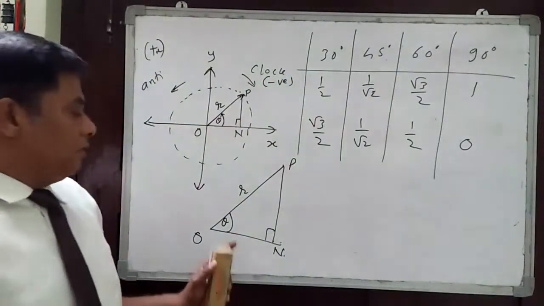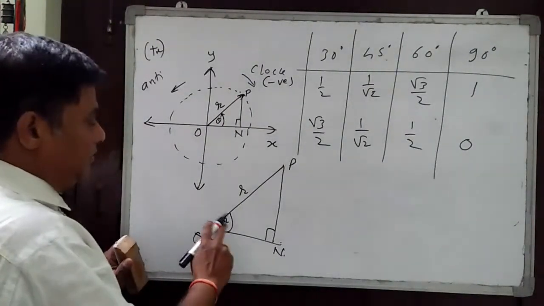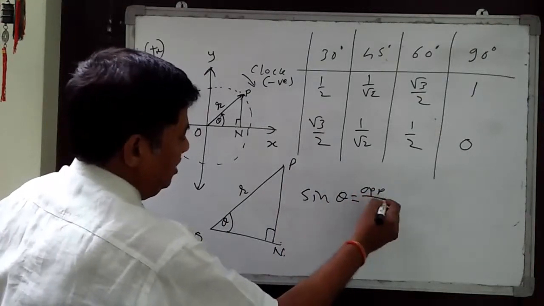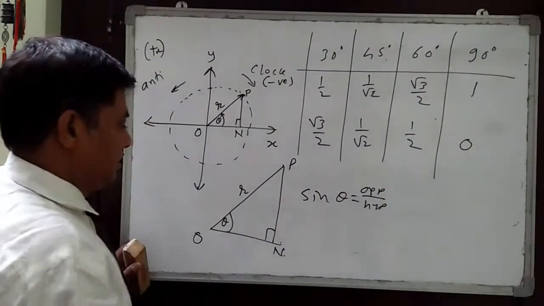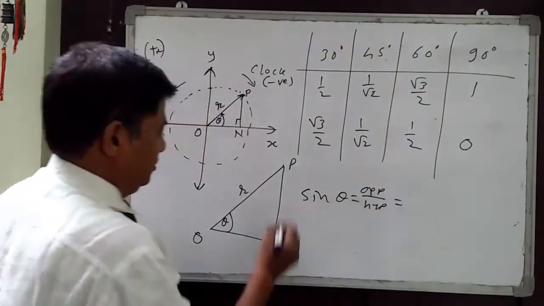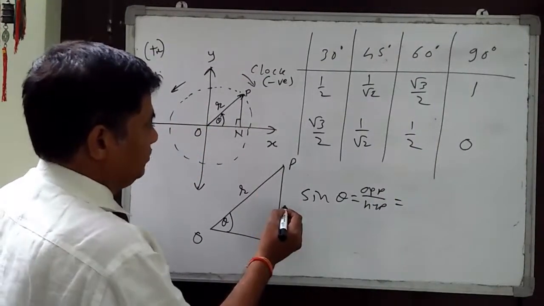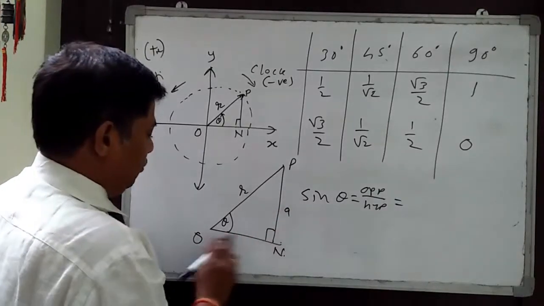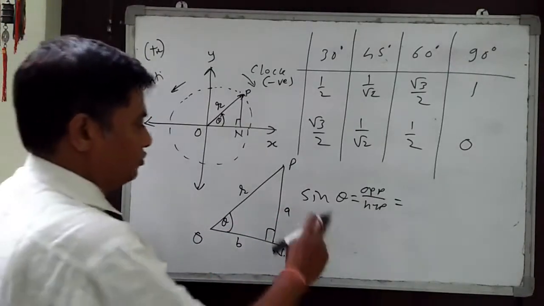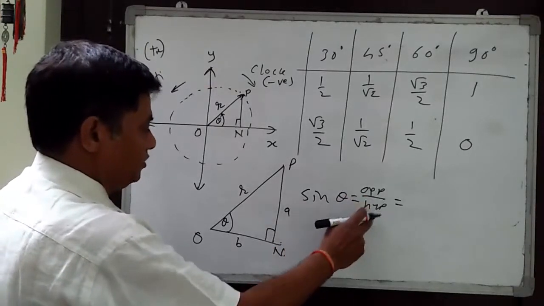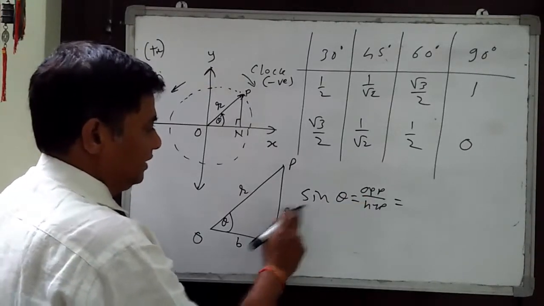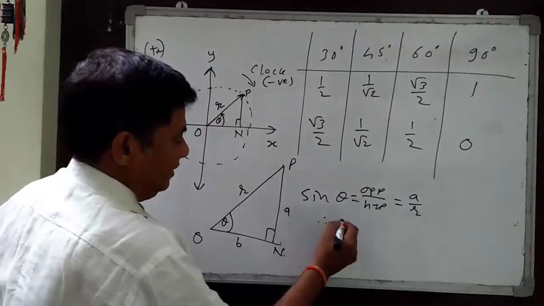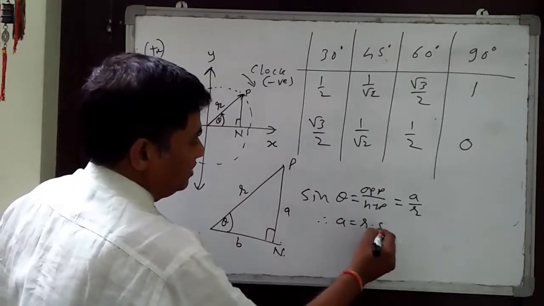Now, first try to define what is sine theta. Sine theta is opposite upon hypotenuse. So opposite is, suppose PN, let us assume this as A, and ON, this is B. So sine theta will be opposite upon hypotenuse, that is A by R. So we can write A is equal to R sine theta.